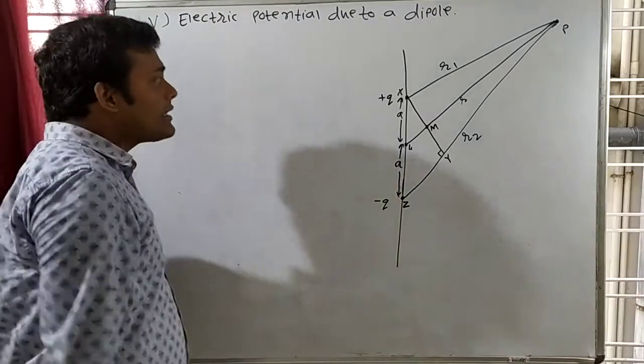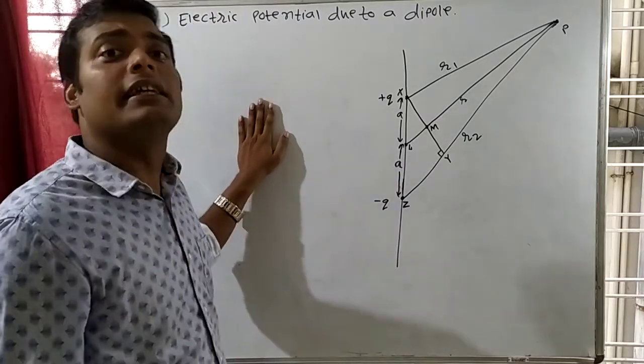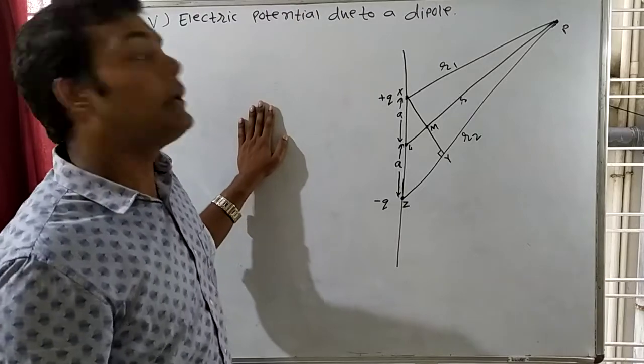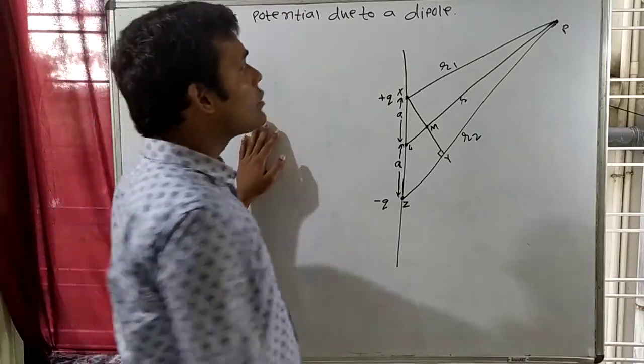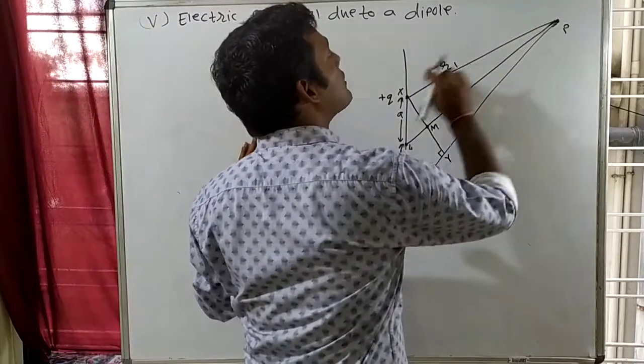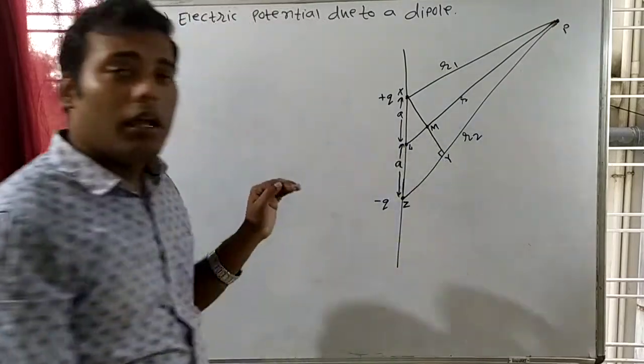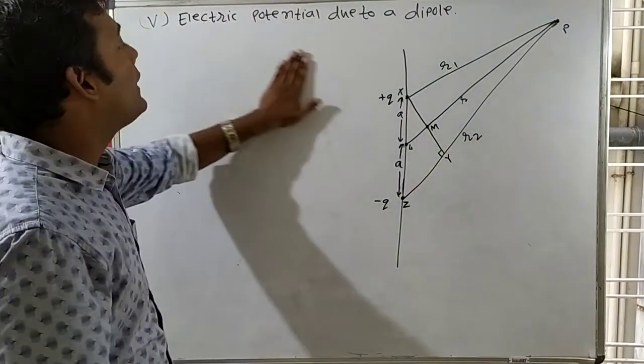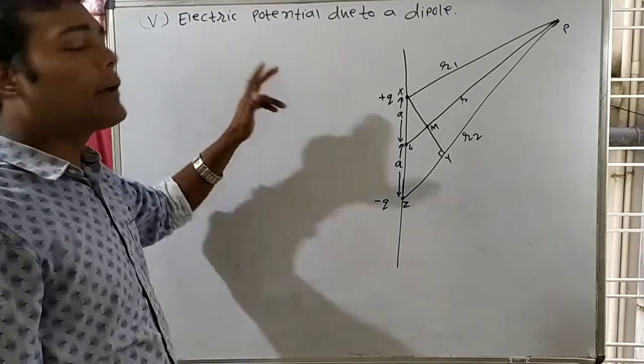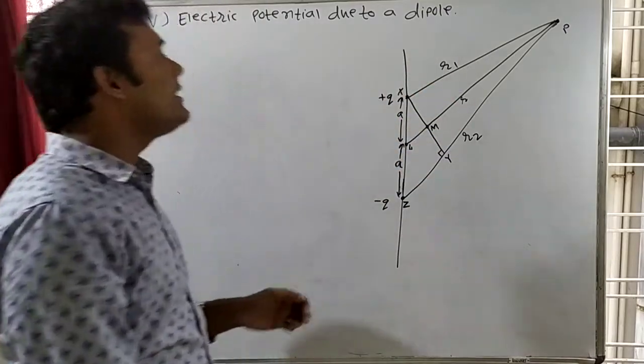Now see, the derivation given in the NCERT book is a little bit difficult because there is geometry to find this length, but that is a difficult process. So I will go through an easy process.